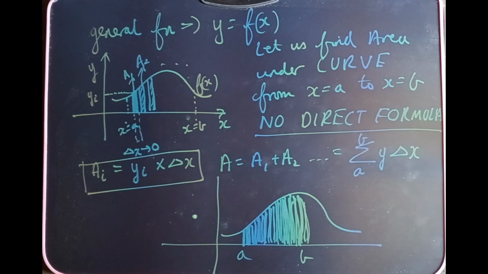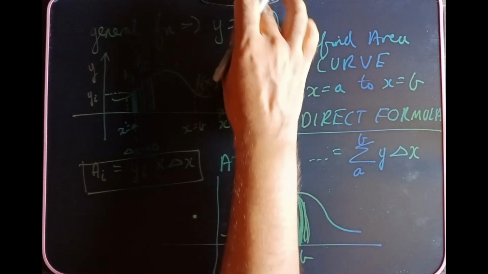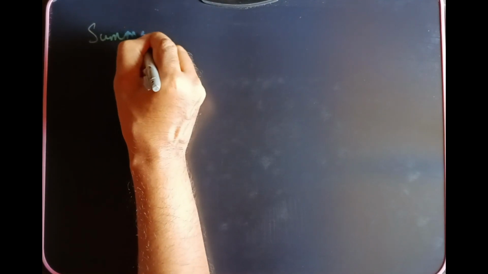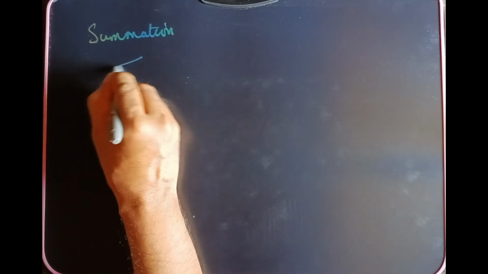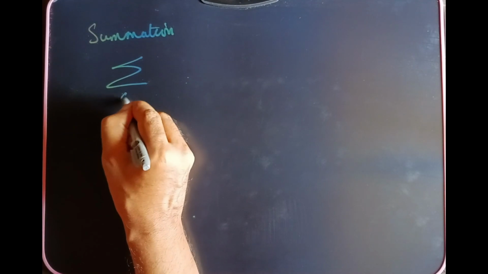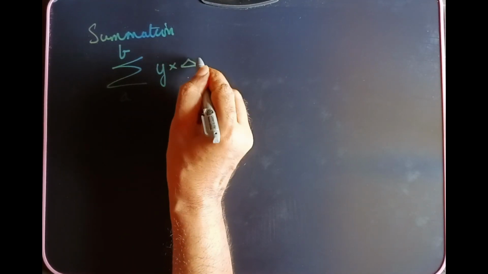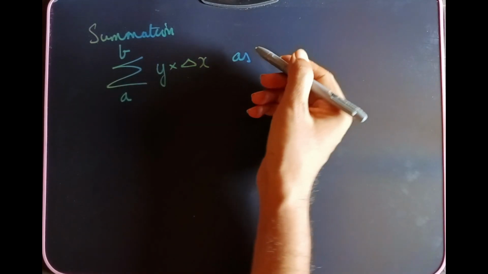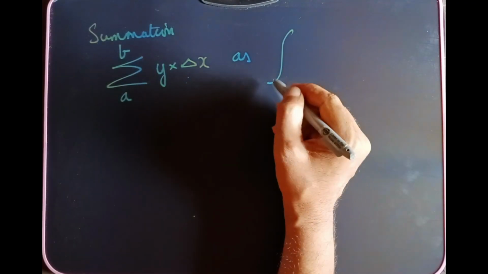I'll wipe this out. This summation, what did we get? We got a summation of areas, from a to b, of all the areas y into delta x. This can be represented as an integral because delta x is very small.